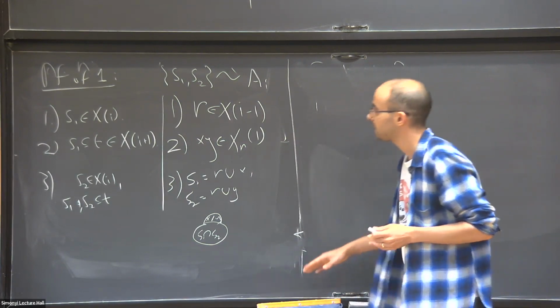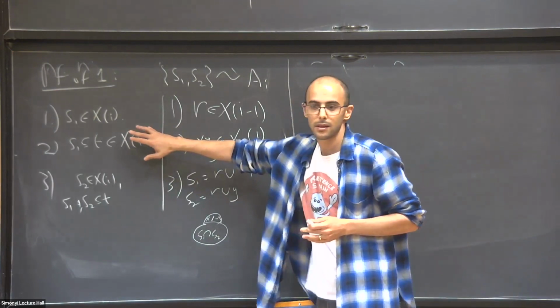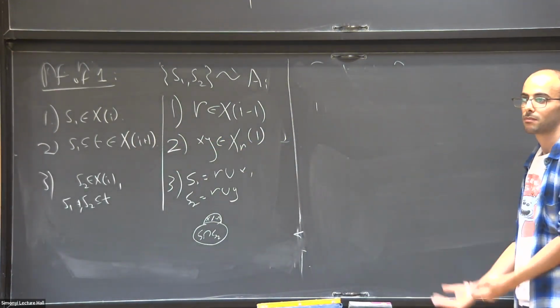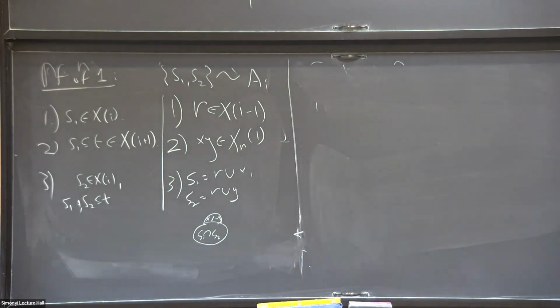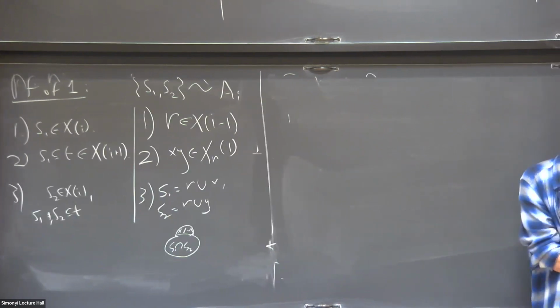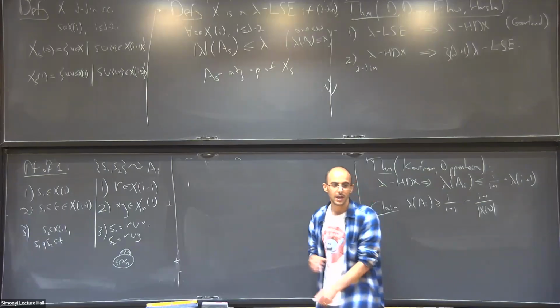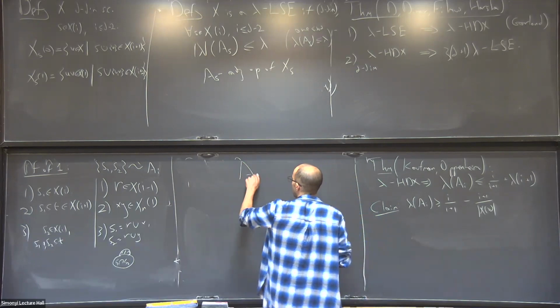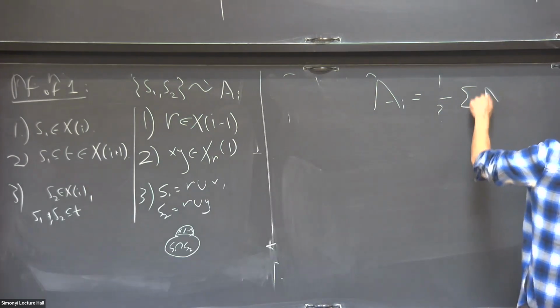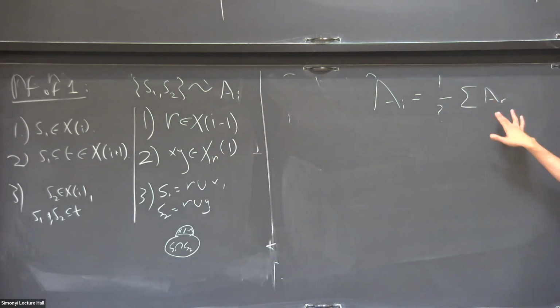Okay, and the fact that I can localize this distribution will help us in showing this equivalence. So you're really writing the adjacency operator A_i as an average of local adjacency operators of the links. Well, yes and no, right? I'm not writing A_i as 1 over something times a sum of A_R, because these operators aren't even operating on the same space.